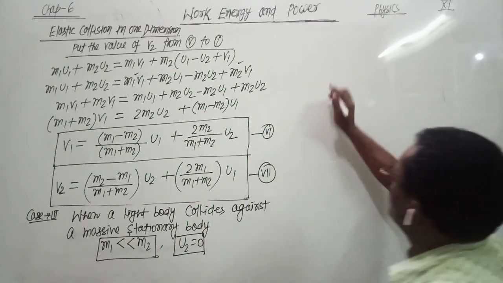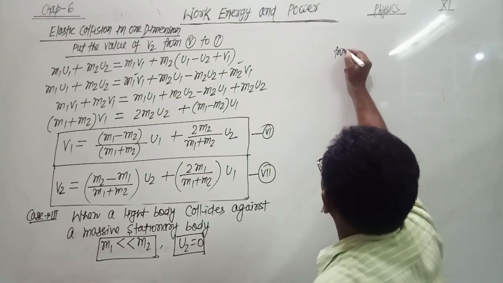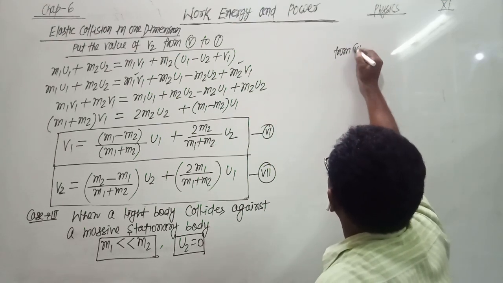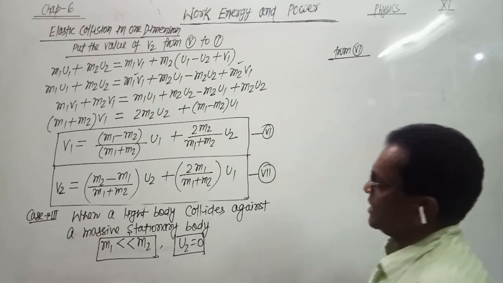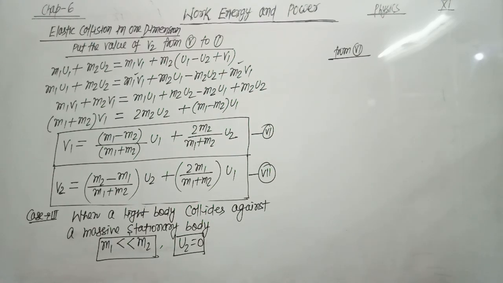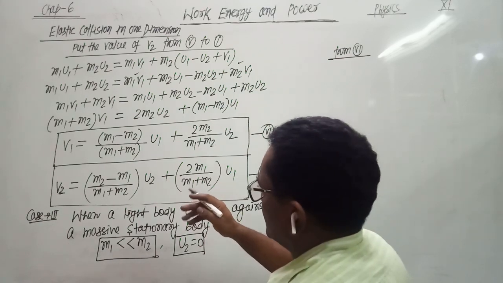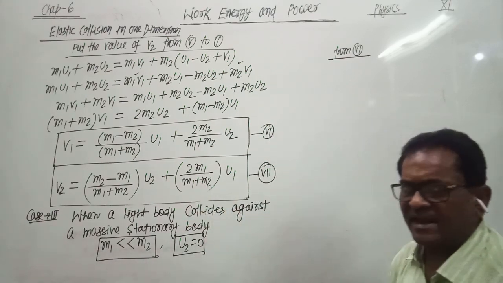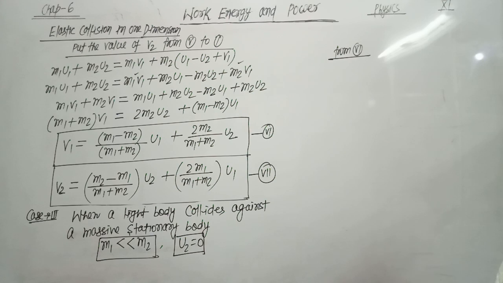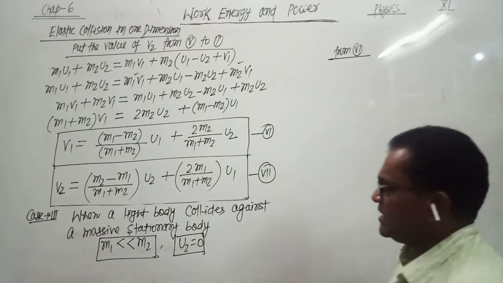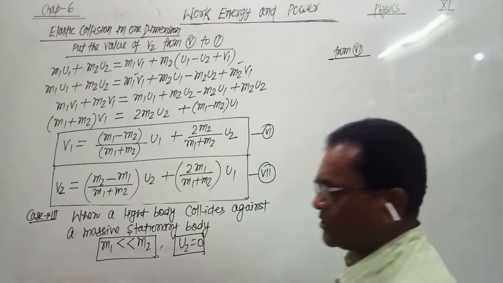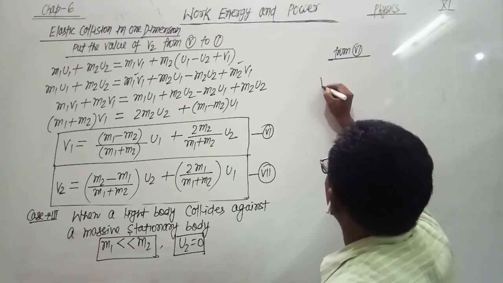So from equation number 6, m1 is much less than m2, and a quantity which is much smaller must be ignored.